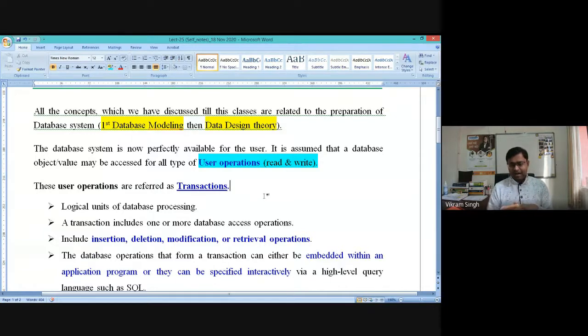So write involves some kind of manipulation, but in a read operation you only retrieve the data, with the purpose of reading and accessing it. That's it. Whenever we say it is a user operation, it means it will be initiated by the user. That is for sure.